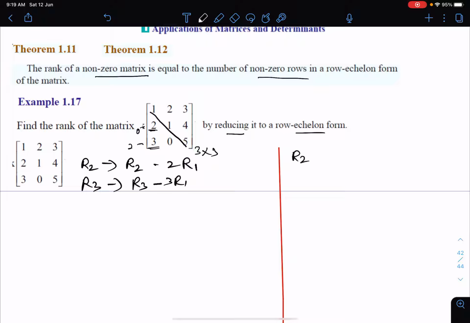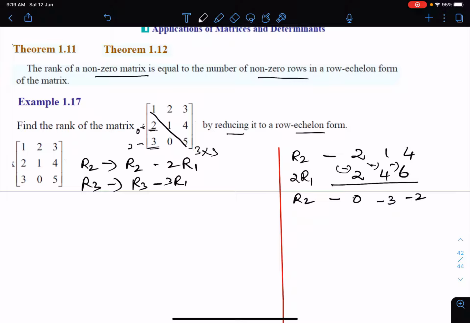So for R2 and 2R1: what is our R2? 2, 1, 4, and 2R1 is 2, 4 and 6. Now we subtract, so this becomes 0, minus 3, and minus 2. So this is our R2.